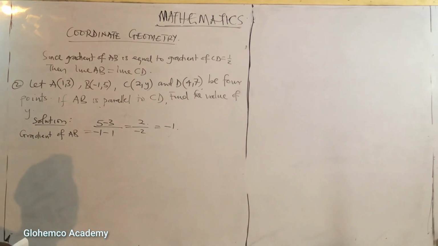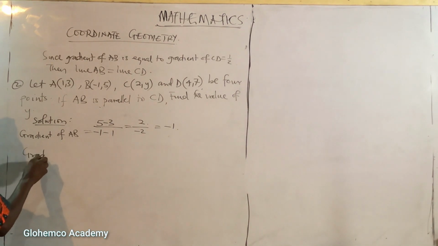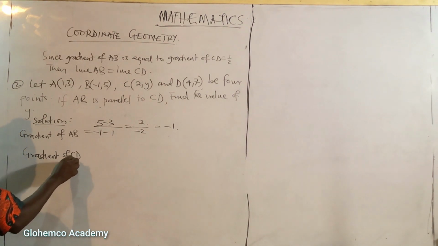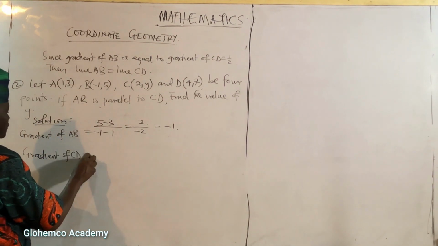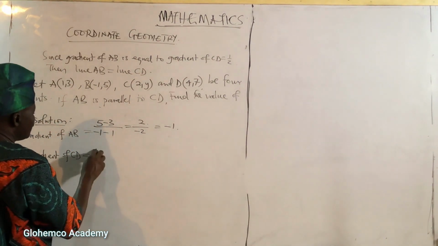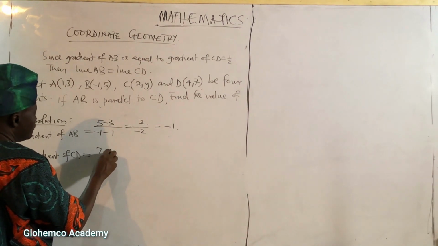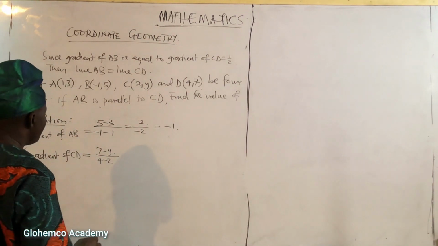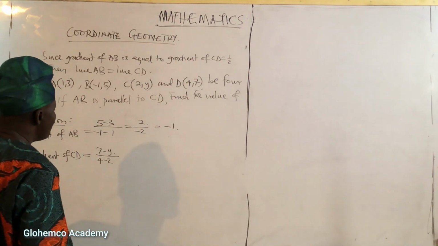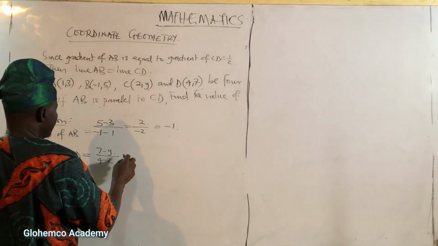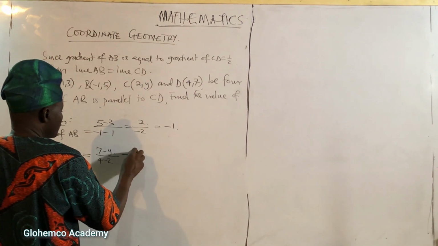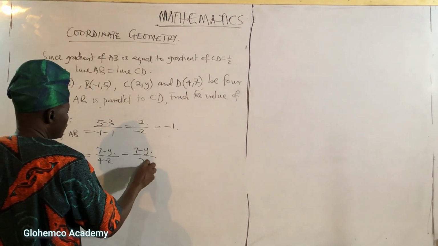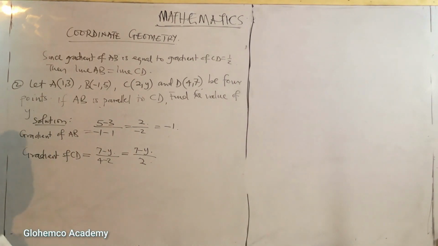Now we need to find the gradient of CD. The gradient of CD is 7 minus y over 4 minus 2, and this will be equal to 7 minus y all over 2. That is our gradient there.